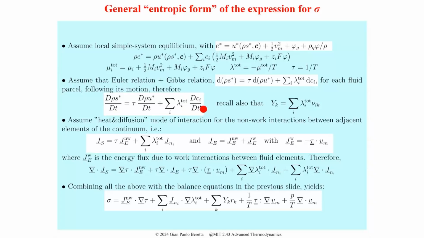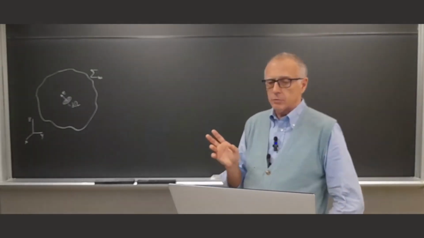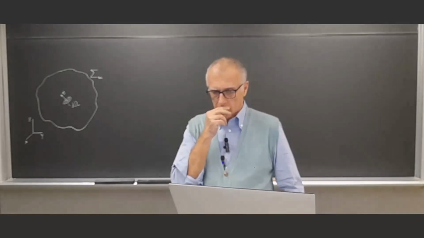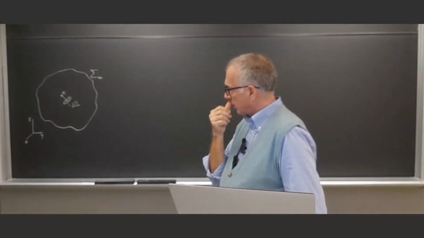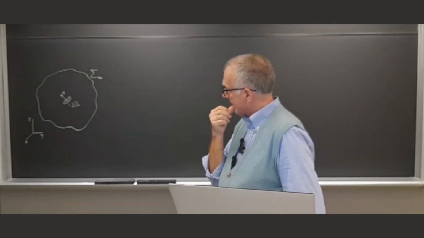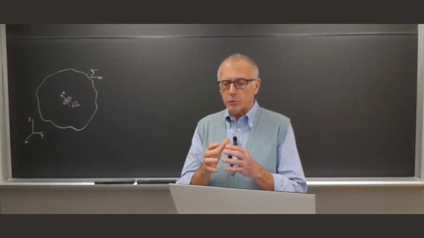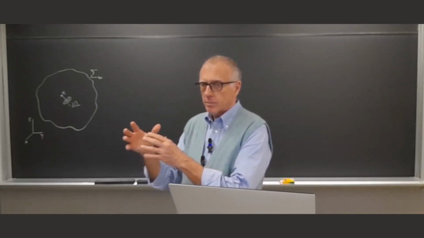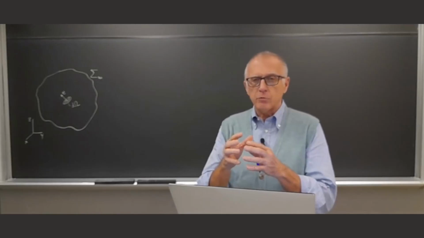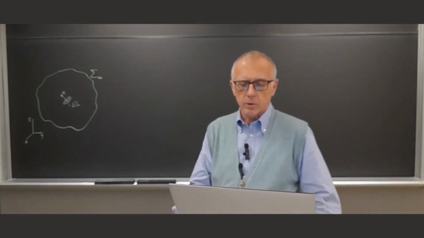Plus, we are going to assume the mode of interaction that we call heat and diffusion to be valid and holding between fluid elements as they move along. So it's the diffusive fluxes that are related in that way that we have discussed.